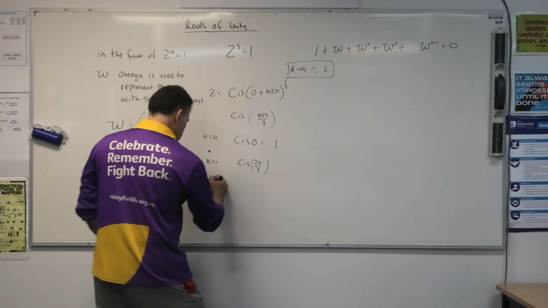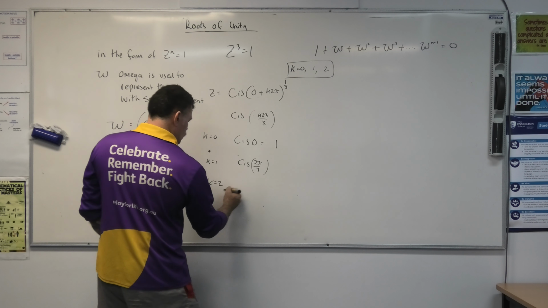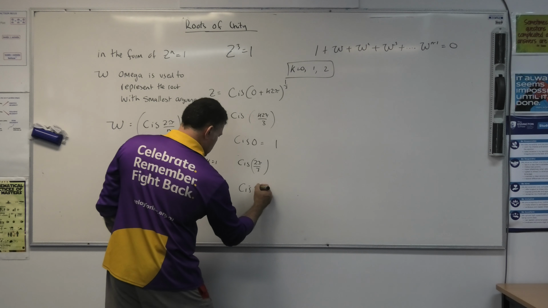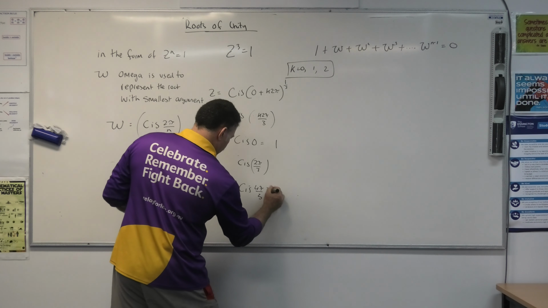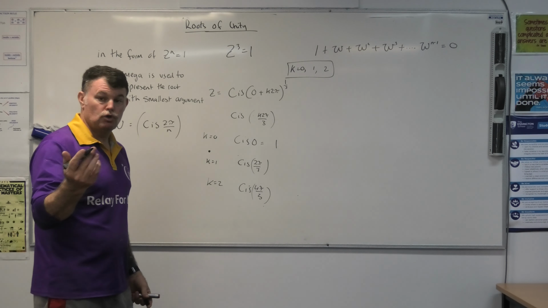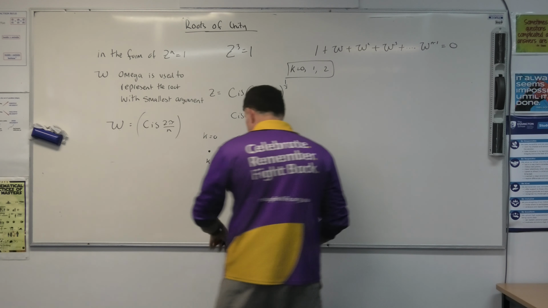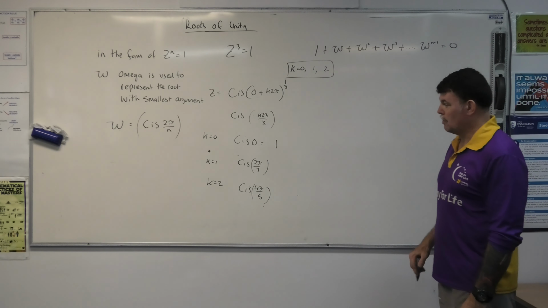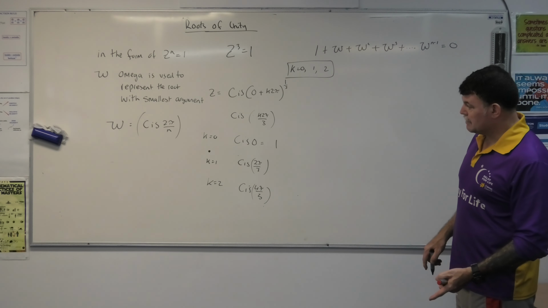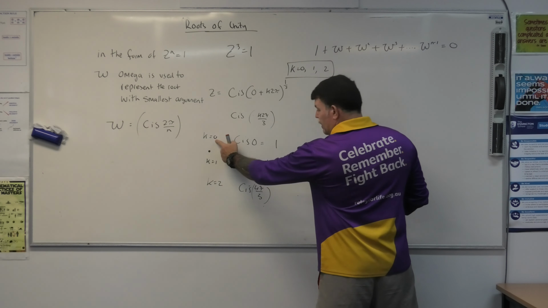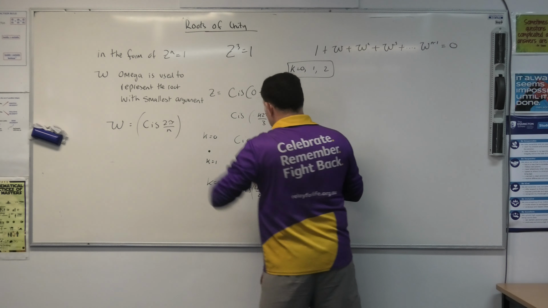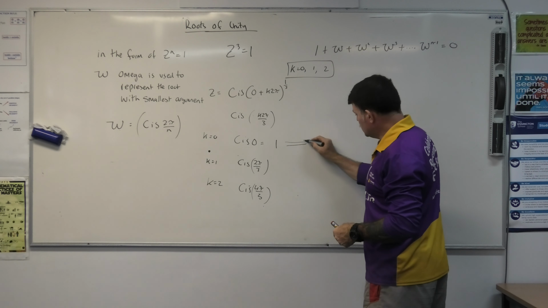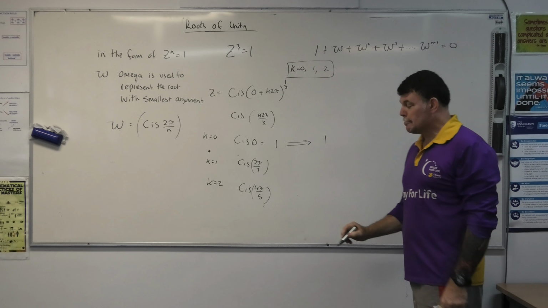And when k was equal to 2, we had cis, and I'm going to break the rule here, on 3, or negative 2 pi on 3. But we're going to leave it like this here so we can see how those calculations come across. When we look at these variables, when k equals 0, in terms of the small roots of unity, this would represent 1.